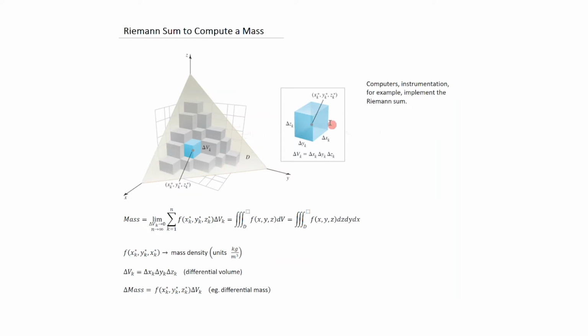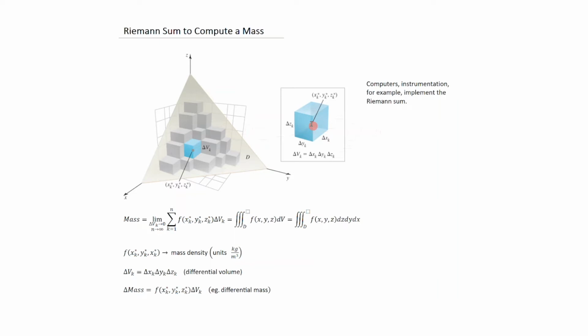If you look at the information associated with this little rectangular box, we pick a center point of this particular box labeled with an index k, so this would be x_k star, y_k star, z_k star, with the stars to indicate that we're evaluating the value of the function at the center of this little box.